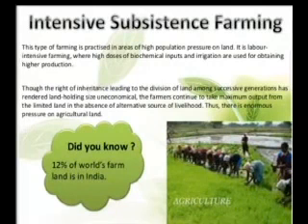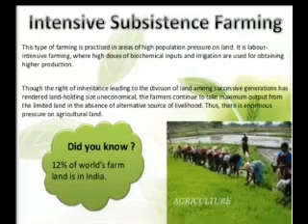What is intensive subsistence farming? This type of farming is practiced in areas of high population pressure on land. It is labor intensive farming where high doses of biochemical inputs and irrigation are used for obtaining higher production.